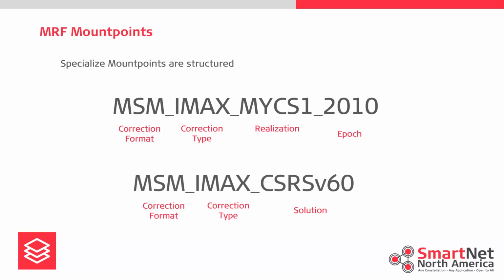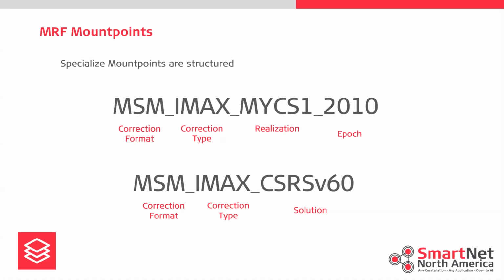So MSM, that's the correction format. That's pretty simple. So that's a GNSS correction format. Correction type is for us IMAX, so that I'm connected to an IMAX network correction here. The realization is what frame of reference that we're working from there, what solution we're working from there. So this is if I was looking for NCRS1 solution or realization, and then the epoch 2010.